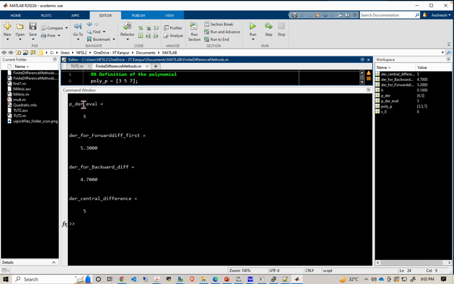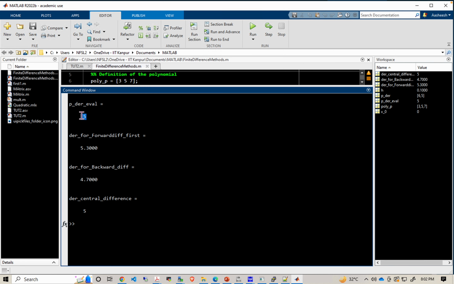The derivative evaluated is now coming as 5, as it should. Derivative for forward difference is coming from 5.6 to 5.3. It reduced. It came nearby to the value of 5. Derivative for backward difference was 4.6 previously. Now it came to 4.7, which is also nearby to 5. And derivative of central difference is constant. It's 5 because it should be.